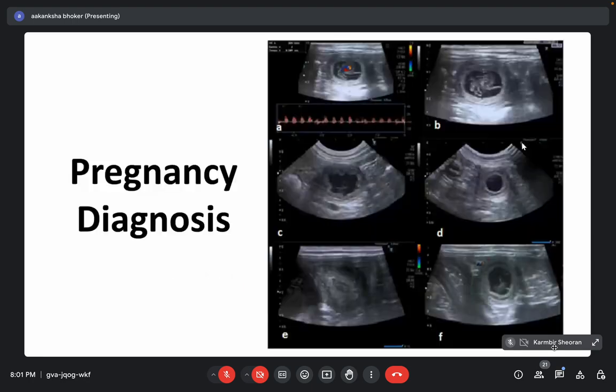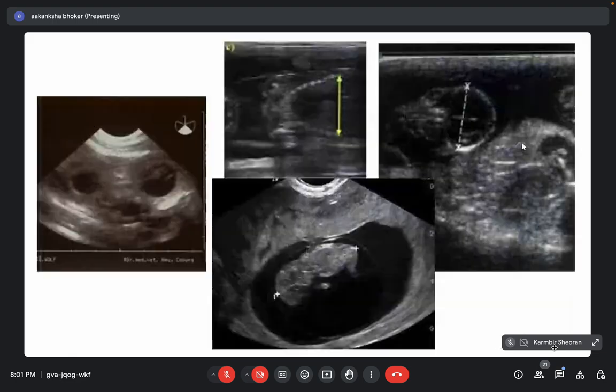This sonography can now be used for performing pregnancy diagnosis, and for that, different methods can be used. The earliest the pregnancy can be diagnosed is around 16 to 19 days, by assessing the gestational sac diameter, and there are various formulas which you need to apply.